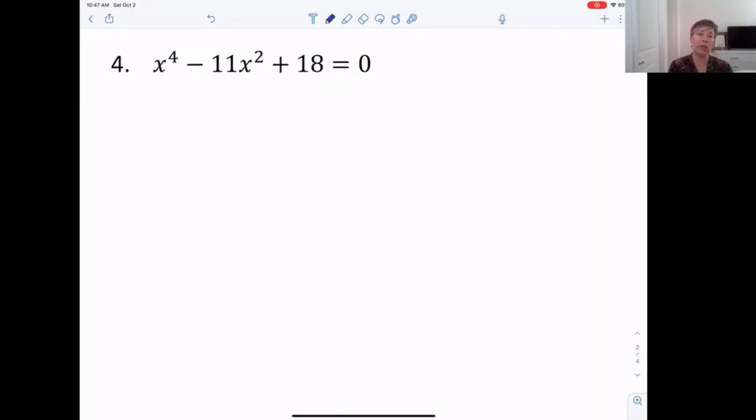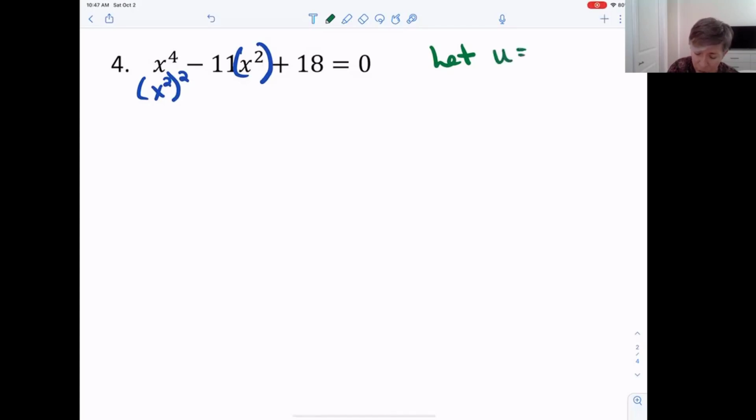In example 4 here, it looks kind of quadratic. Notice we have an x squared here in the middle, and we can write the first term as x squared squared. So that tells us we are in quadratic form. So I don't want to work with it using the x to the 4th and x squared.